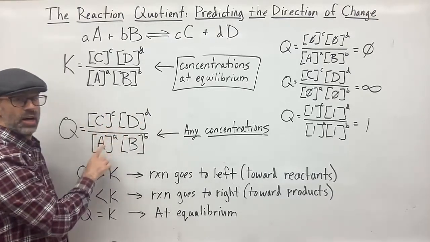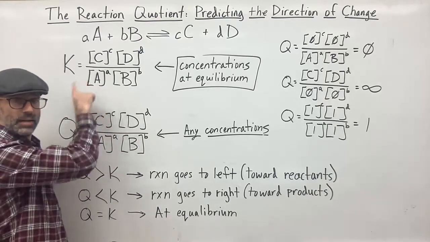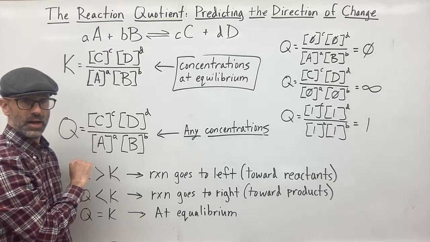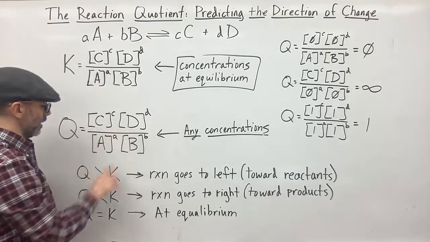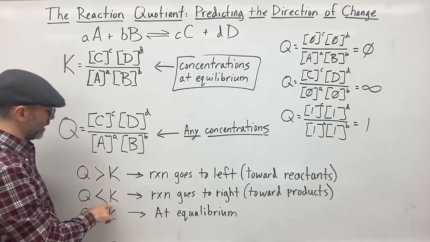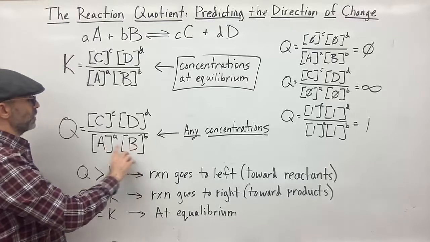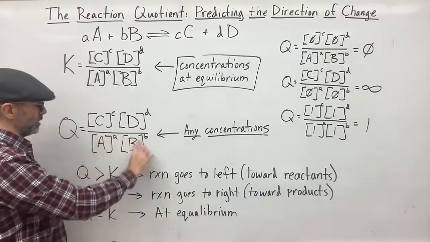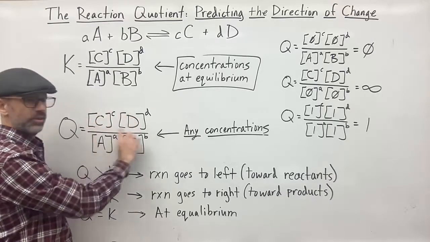In order to reach equilibrium, you're going to have to decrease the amount of reactant, make the denominator smaller, and increase the amount of product.